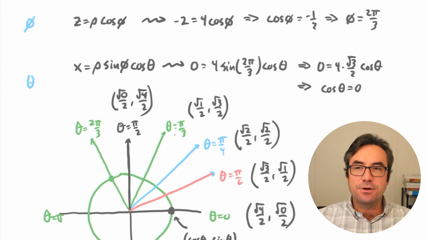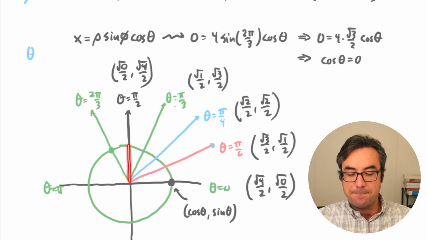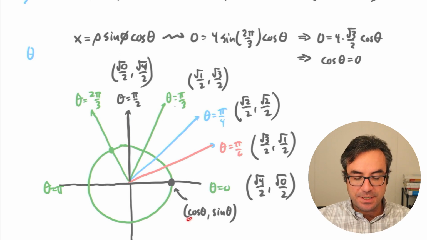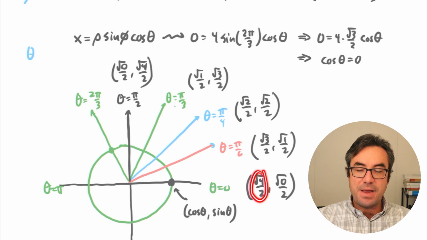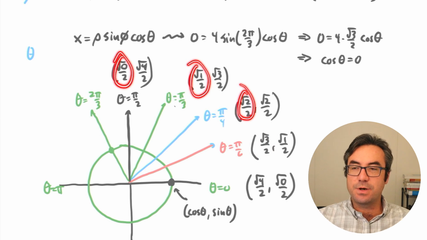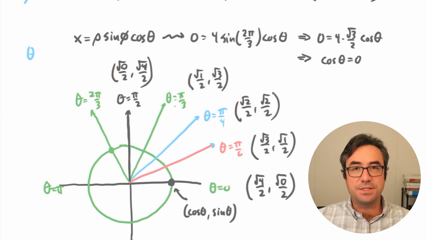And cosine of theta equal to 0 happens at pi over 2. Again, if you don't remember cosine of 0, cosine is the x value. So we just look. Main angle is square root 4 on top, then square root 3, square root 2, square root 1, and then we get to square root 0. So at pi over 2, that's when cosine is equal to 0.